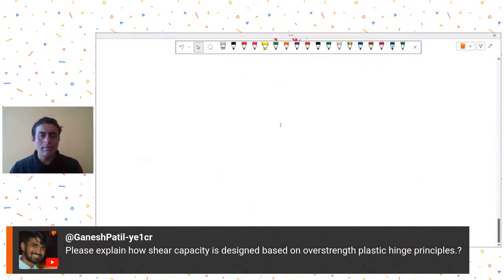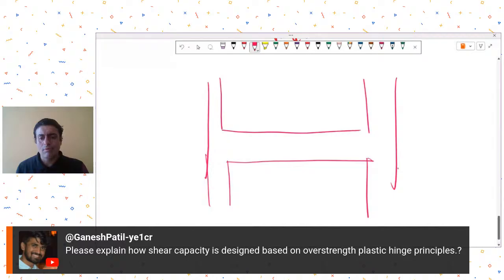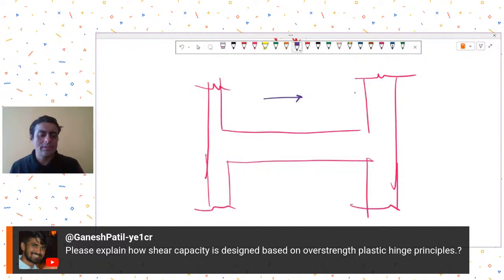See, generally what happens in case of ductile design detailing, because we want to dissipate the earthquake energy, we wish to have the earthquake energy dissipated through inelastic deformations, but those inelastic deformations shall not lead to overall collapse.